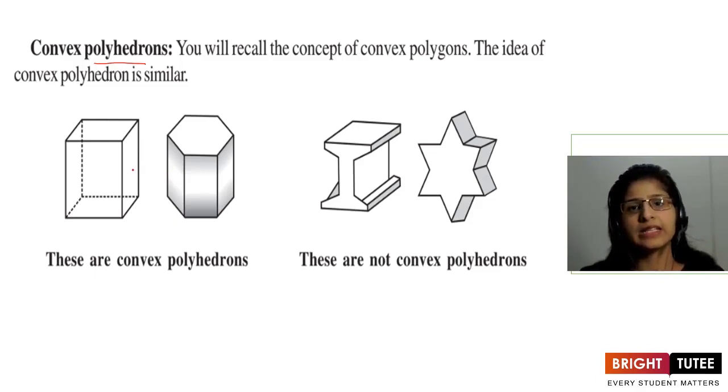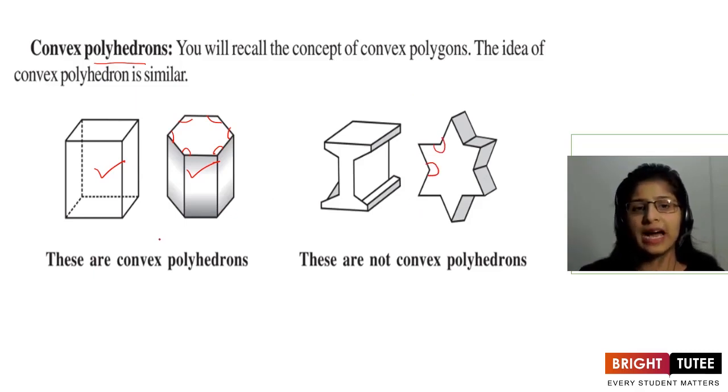All the interior angles for convex polyhedrons will always be less than 180. You see this one, this one, all the angles are less than 180. But if I talk of, suppose, this angle, these are more than 180. So these are convex polyhedrons and these are not convex polyhedrons.